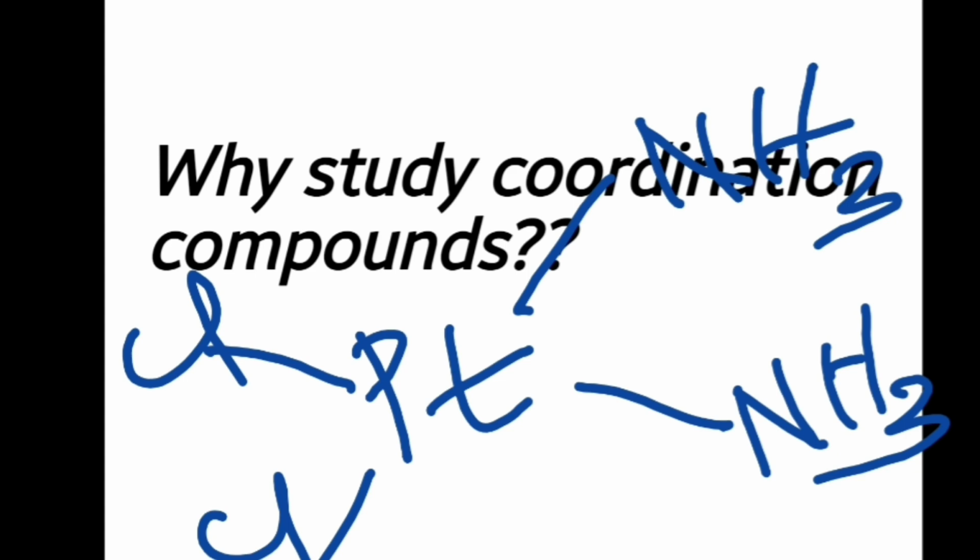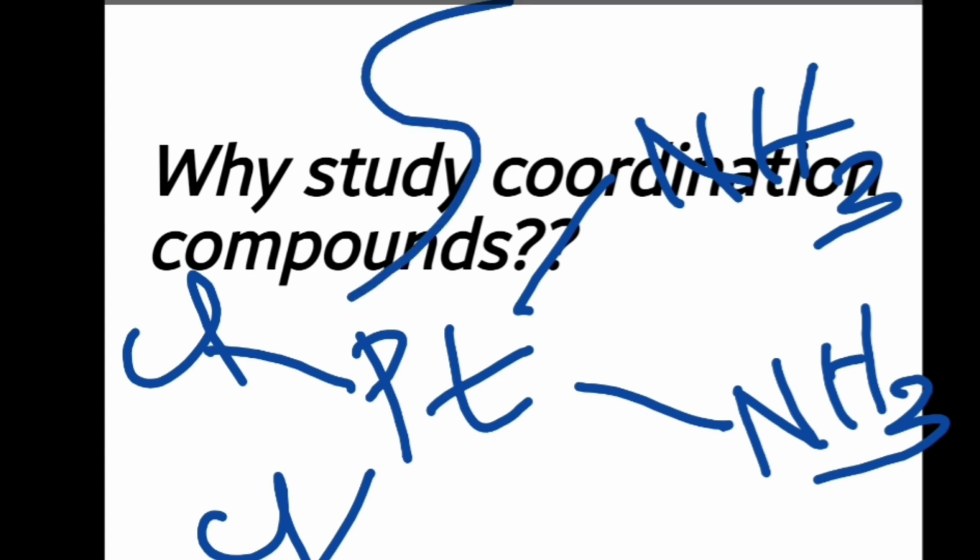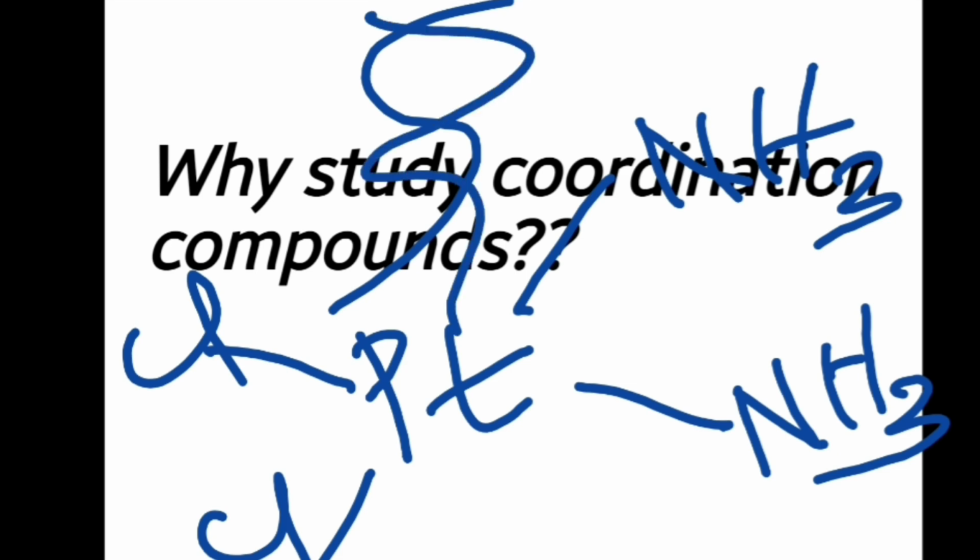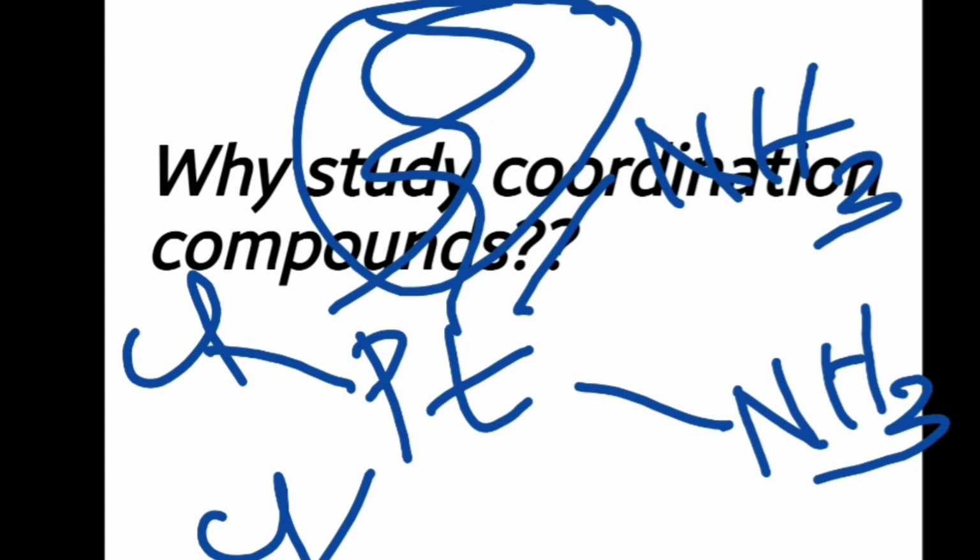So what is cancer? Cancer is nothing but uncontrolled cell division, right? In cell division, there is one stage in which your DNA strand has to be unwound, right? So this particular strand of DNA has to unwind. Only then the process will continue.